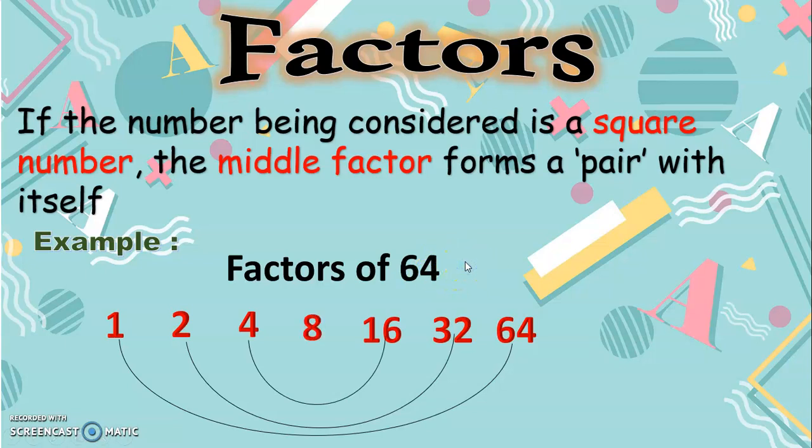And the last is 8 times 8. So you don't need to write it twice. It is the pair of itself. So 8 times 8 is equal to 64. In other words, the factors of 64 are 1, 2, 4, 8, 16, 32, and 64.